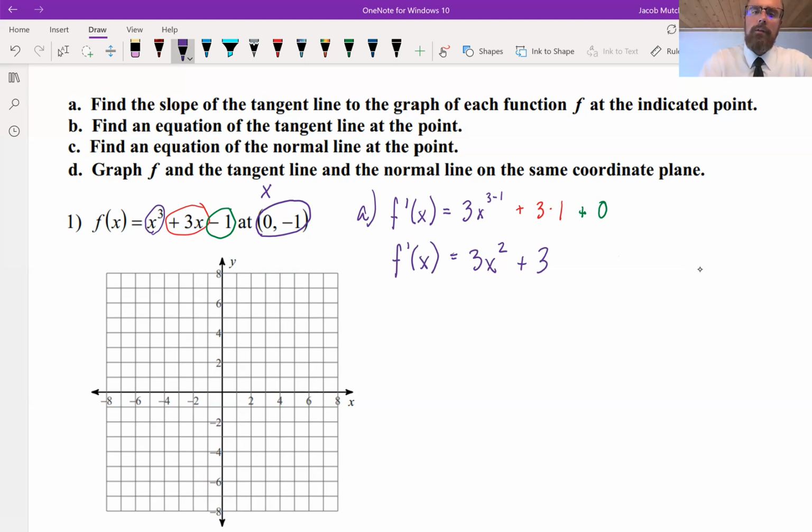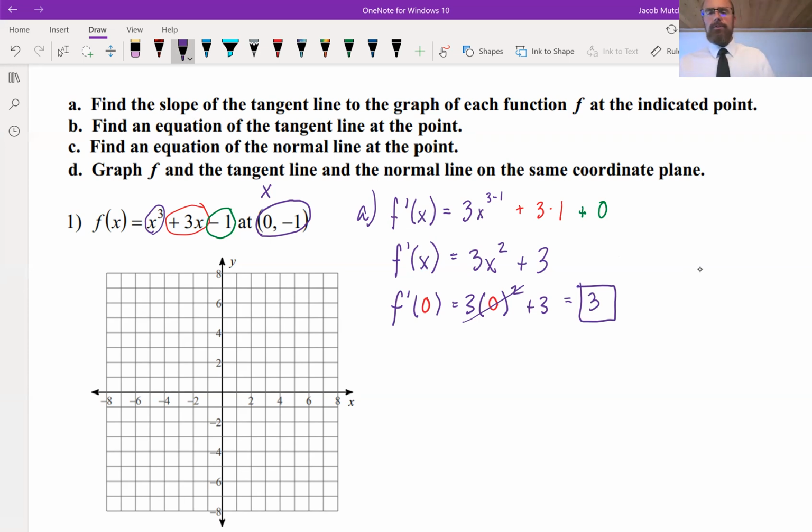The derivative at 0, let's put 0 in red, equals 3 times 0 squared plus 3. When I evaluate that, 3 times 0 squared is just 0. That cancels, and the slope of the tangent line of the function f of x at the point 0, -1 is 3.